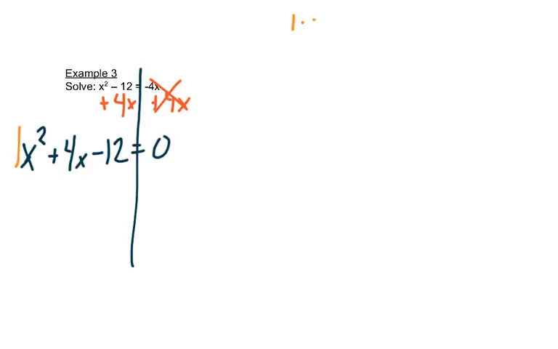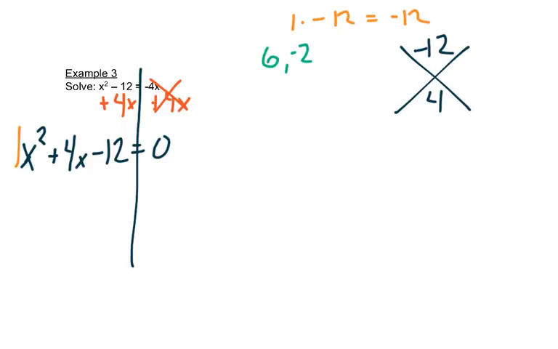So we take 1 times negative 12, a times c, and I get negative 12. So I'm trying to multiply to get negative 12 and add to get 4. That pair of numbers that does that is 6 and a negative 2. Those multiply to get negative 12 and add to get 4.